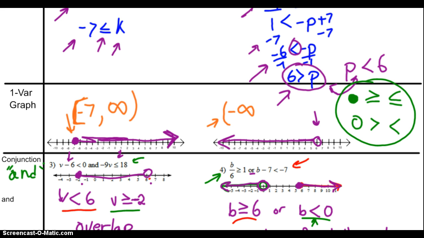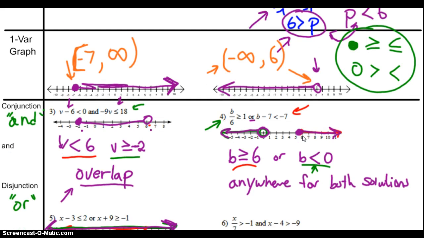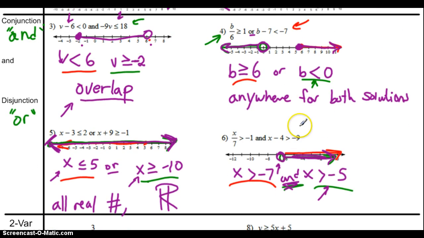We always use the curved brackets, the soft brackets, for infinity, up to 6 with another soft bracket because we do not include 6, that kind of curved parentheses. If you can, try and write domains for each of these 3, 4, 5, and 6. Pause the video now and unpause the video when you think you got them.